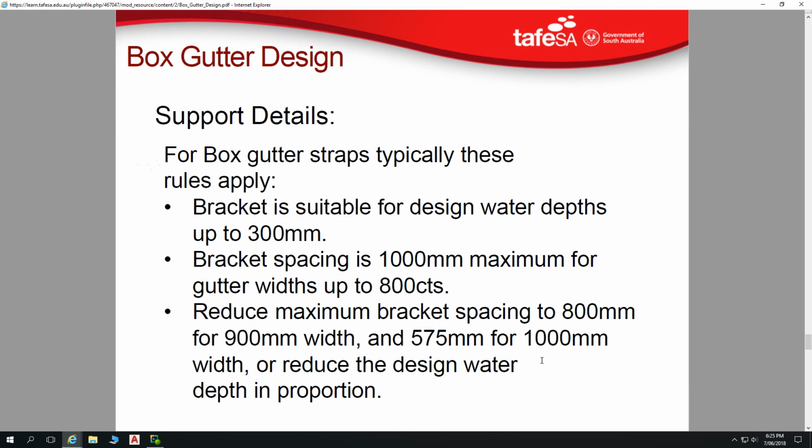Reduce maximum bracket spacing to 800 millimetres for 900 millimetre widths, 575 for 1 metre widths, or reduce the design water depth in proportion. So that relates to the amount of weight those brackets are designed to carry.